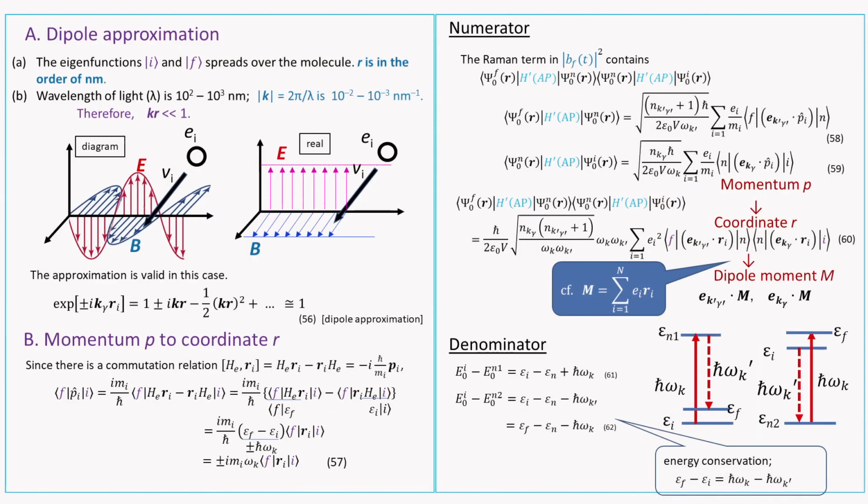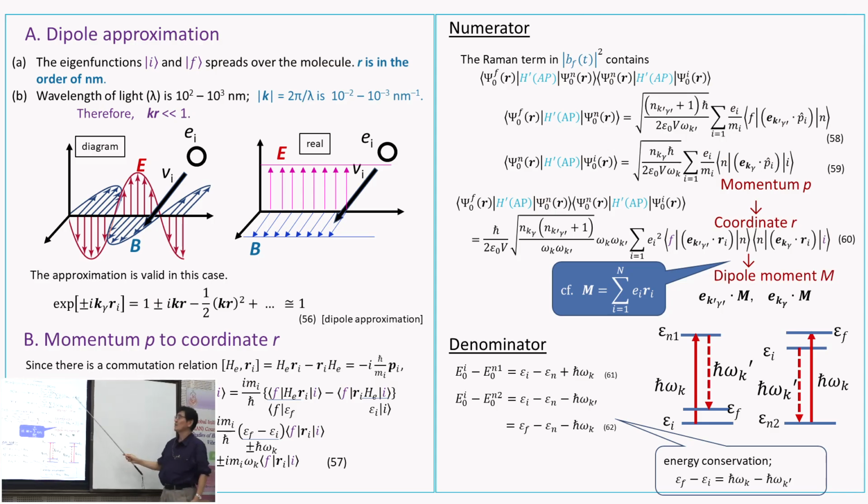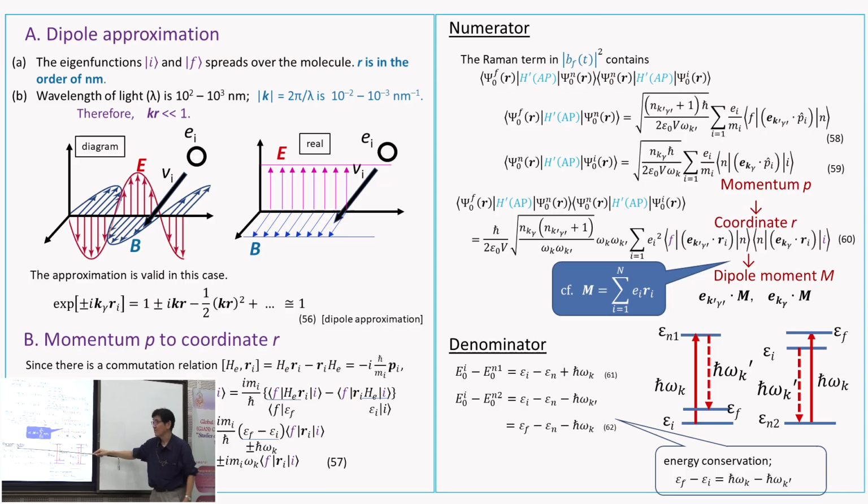About the numerator, we can replace the momentum operator with the coordinate r, and coordinate r is written in terms of the dipole moment m. On the other hand, the denominator can be written in this way.